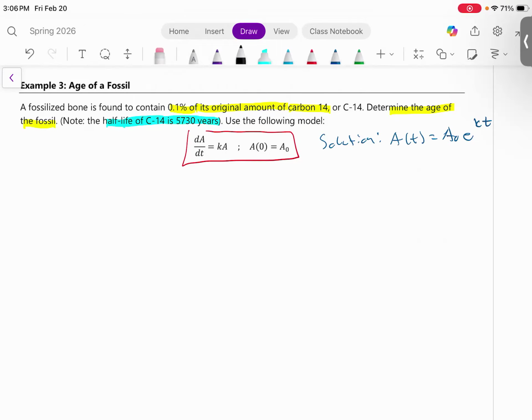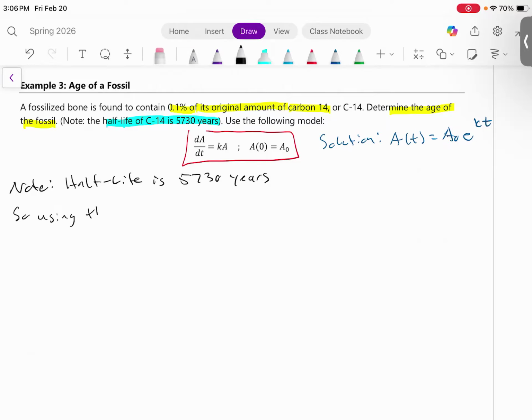So note that the half-life is 5,730 years. What we're going to do is use our shortcut to make our work a little bit easier for this half-life.